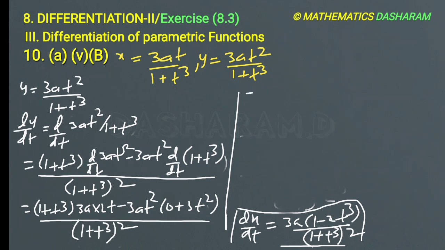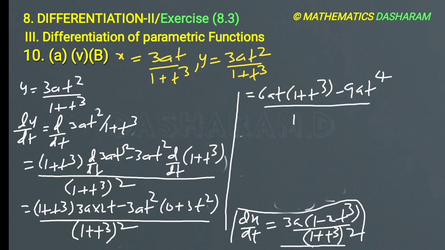Next it equals 3 2s are 6at(1 + t³) minus 3 3s are 9at to the power of 4, divided by (1 + t³)².